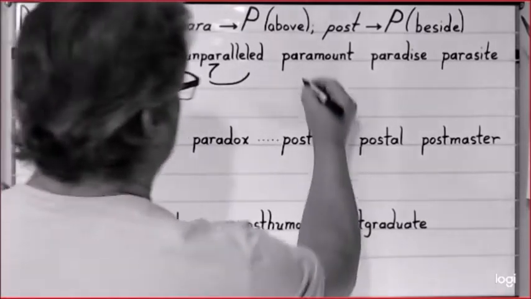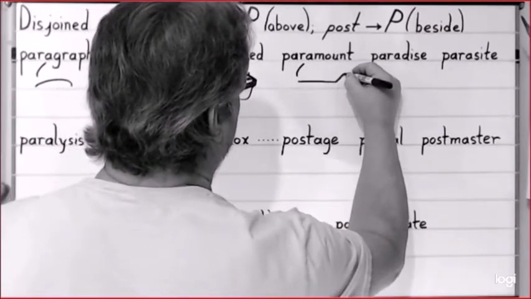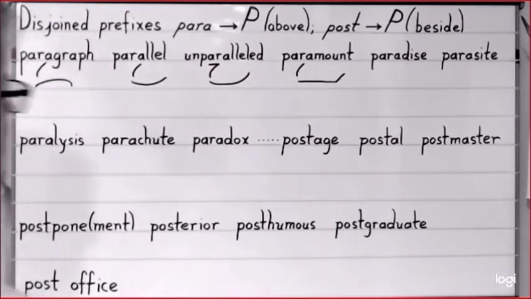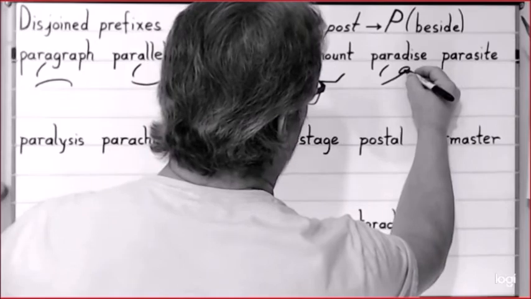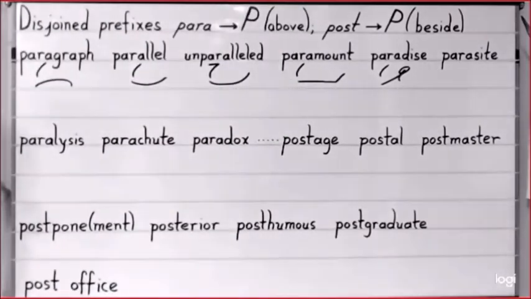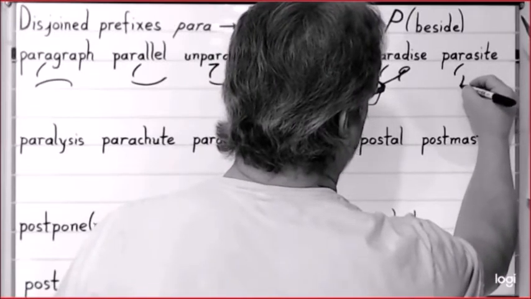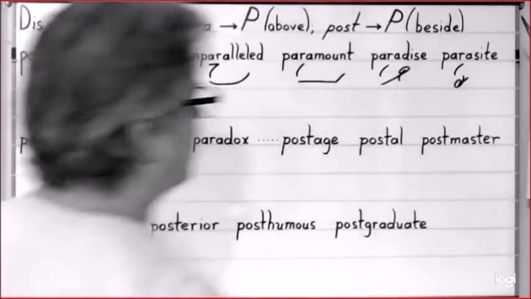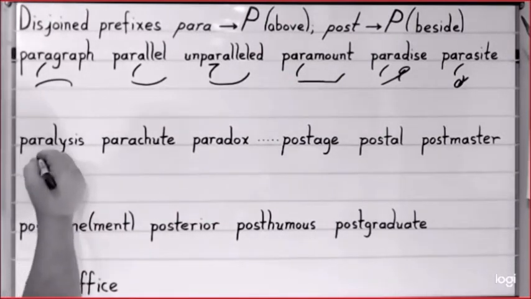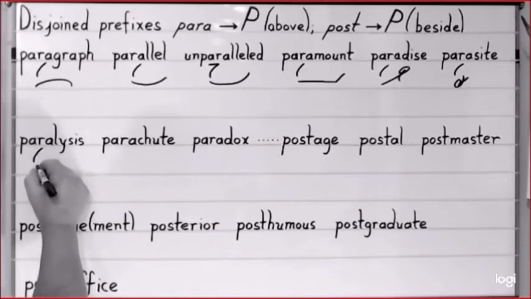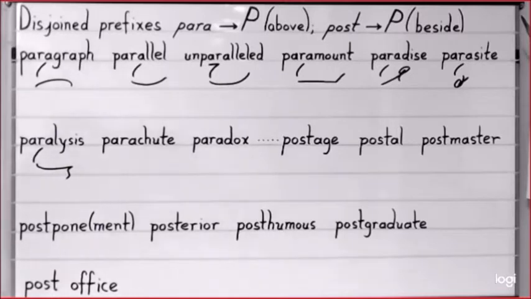For paramount, it is a P and a N stroke, and then a T. Paradise is P, then D, long I, S. Parasite is P, then S, long I, and T. Paralysis is a P, then an L, and then two S's strung together.